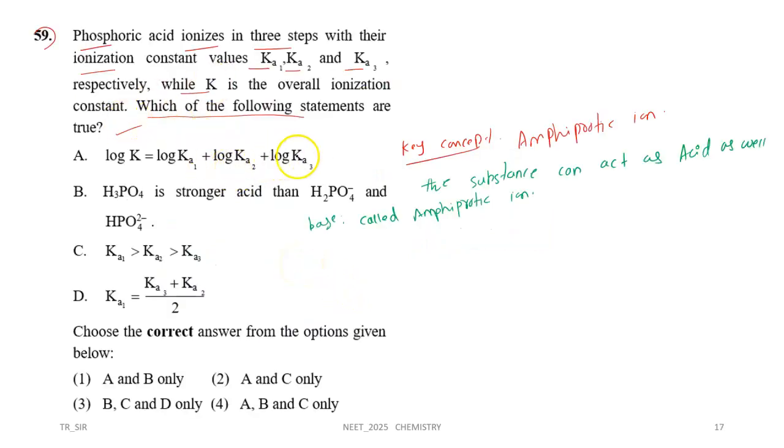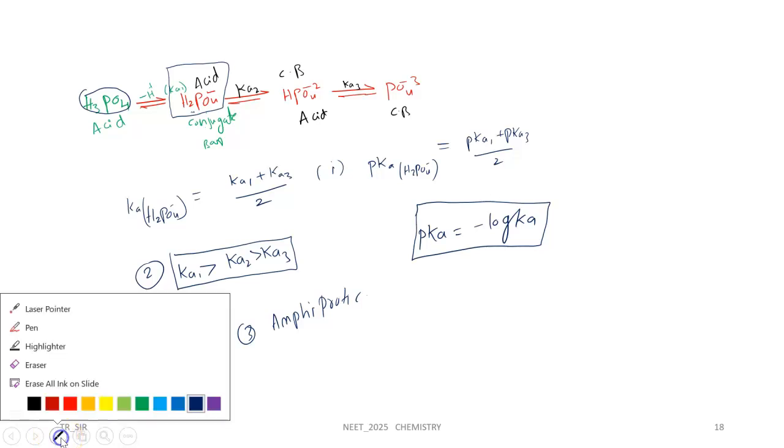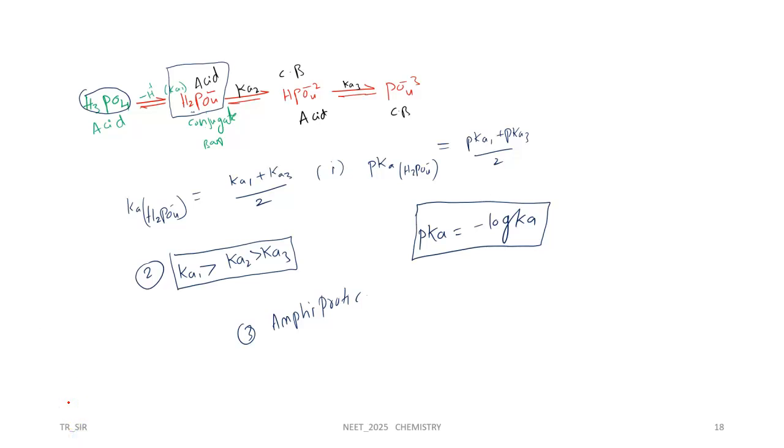Now, the first statement will be correct. How did it come? Let us discuss the third point. Let us call the steps equation 1, equation 2, and equation 3.